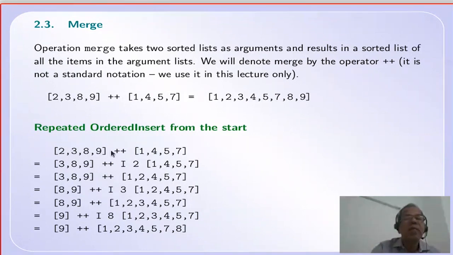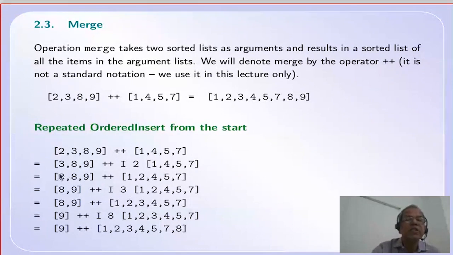2, 3, 8, 9 merge 1, 4, 5, 7 is simply ordered insert 2 into 1, 4, 5, 7. What will be the result? 1, 2, 4, 5, 7. It is ordered insert, which we have already implemented. To that, you have to merge 3, 8, 9. And this can be written as ordered insert.